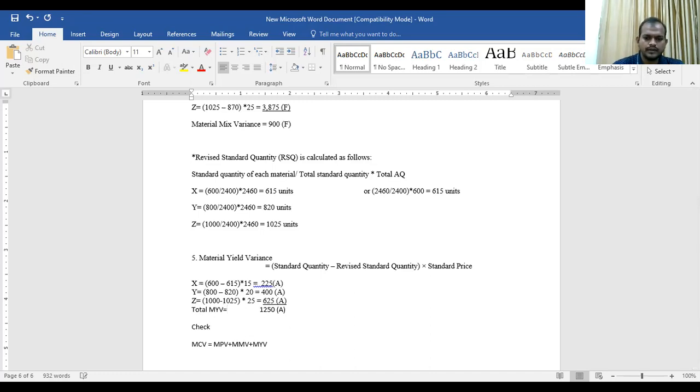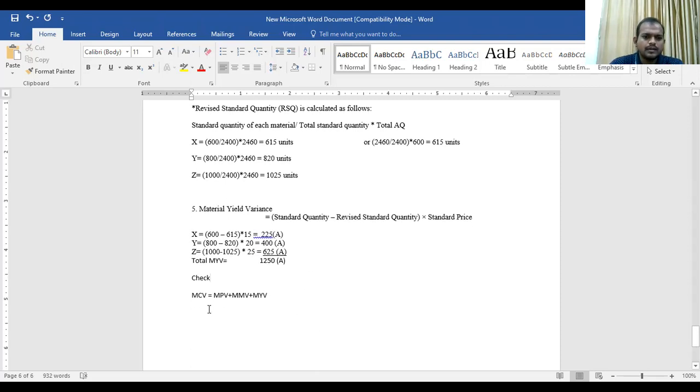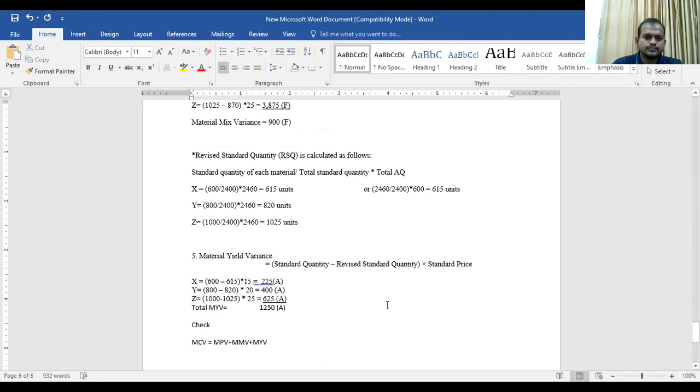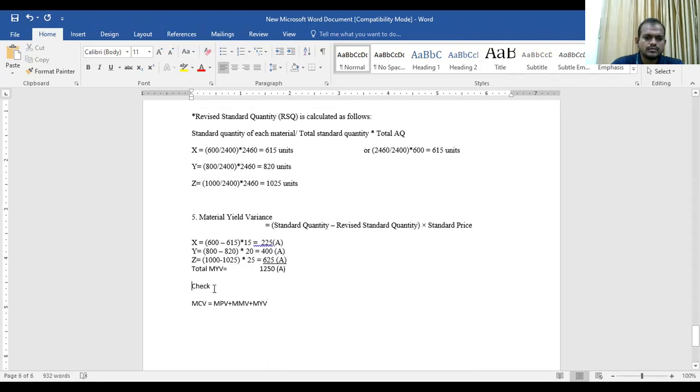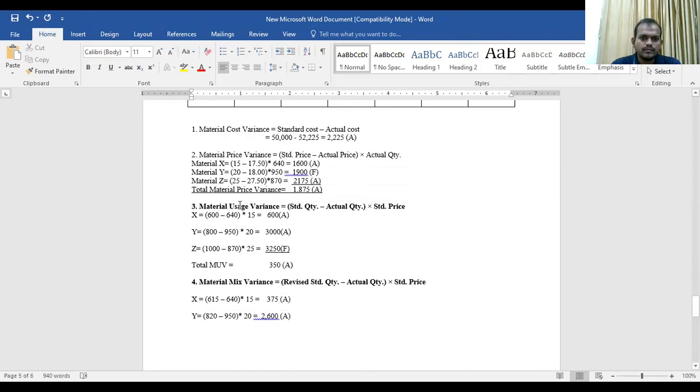Total material yield variance. So we'll just cross check with the material cost variance. First of all, we'll check the material usage variance. Material usage variance is equal to material mix variance plus material yield variance, right? We already calculated the material usage variance. How much? 350 adverse.